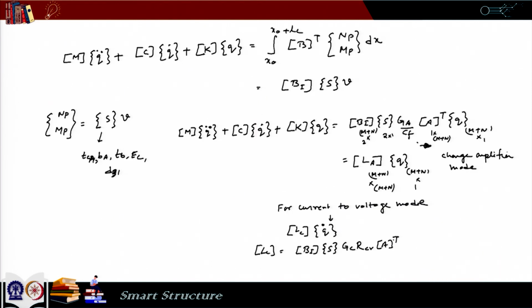So, for the charge amplifier mode we have Q here, and for current to voltage mode we have Q dot here.